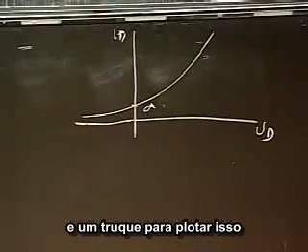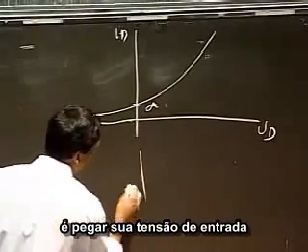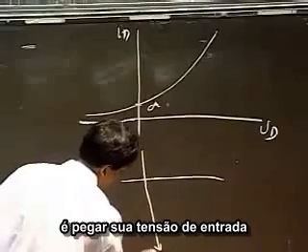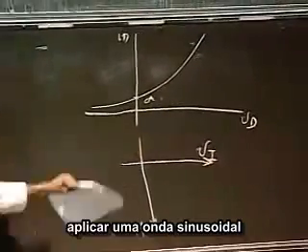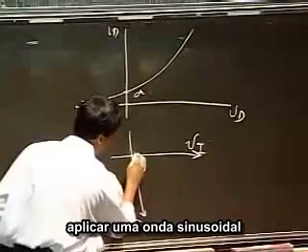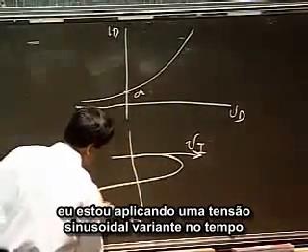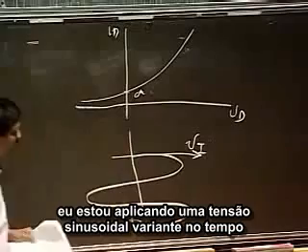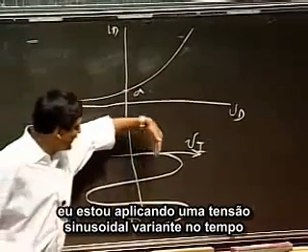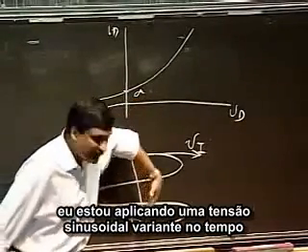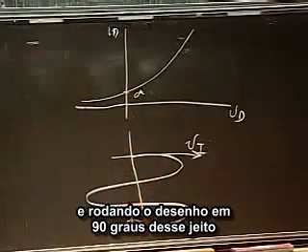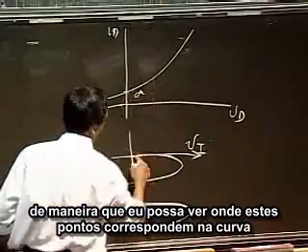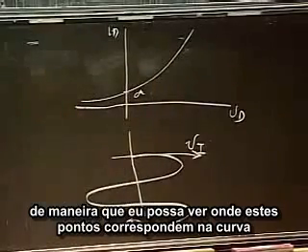And a trick to plot that is to take your input voltage like so. And let's say I apply a sinusoid. So I'm just taking a time-varying sinusoidal voltage and plotting it, just rotating the plot 90 degrees like so. So I can see where these points correspond to on that curve.